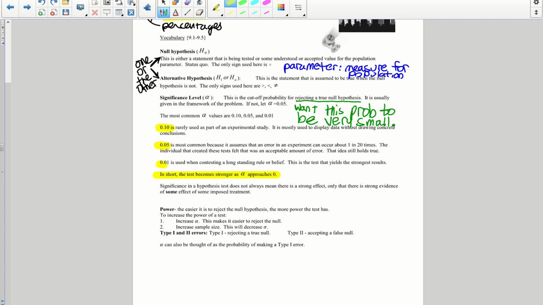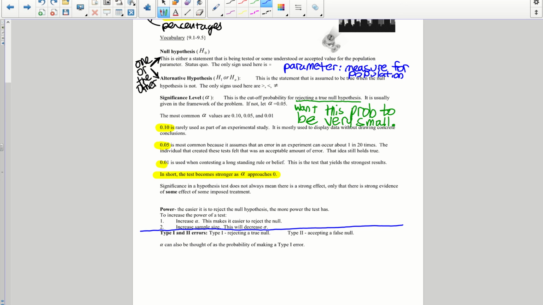All right, power, type 1 and type 2 errors. There's a little formatting issue here. There should be a space. So if anybody's in the market for a typo, I dropped my pen. There should be a space there.